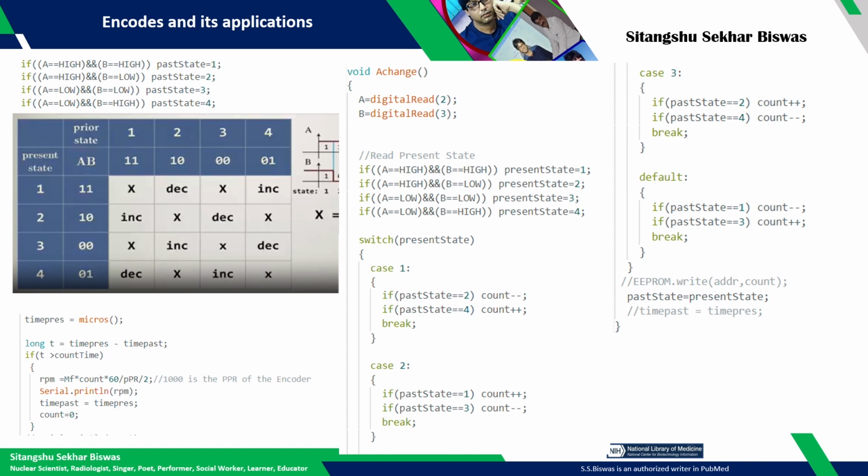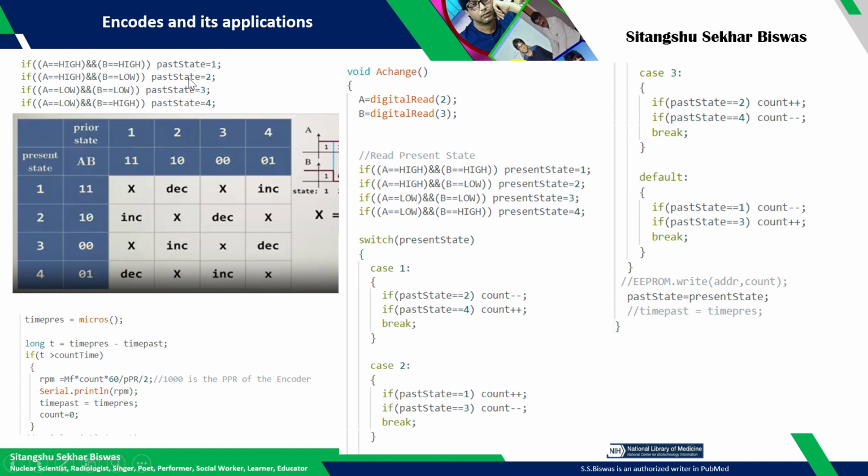So incremental A is connected to interrupt pin 2 and B is connected to interrupt pin 3. Then this is the code.